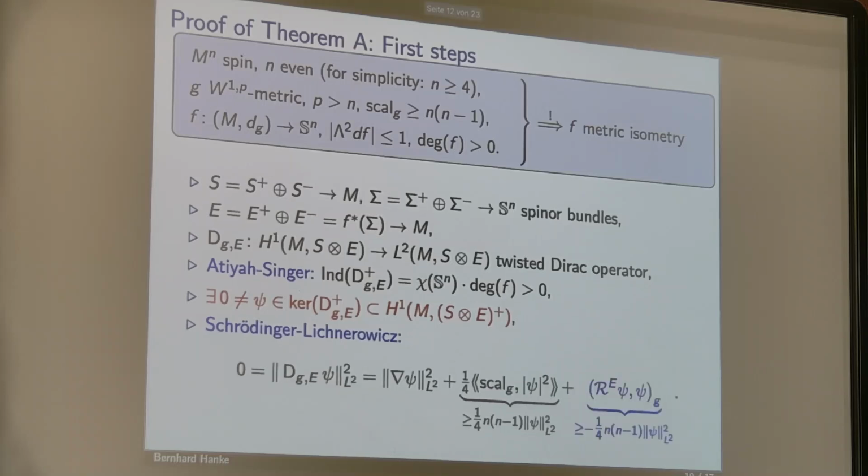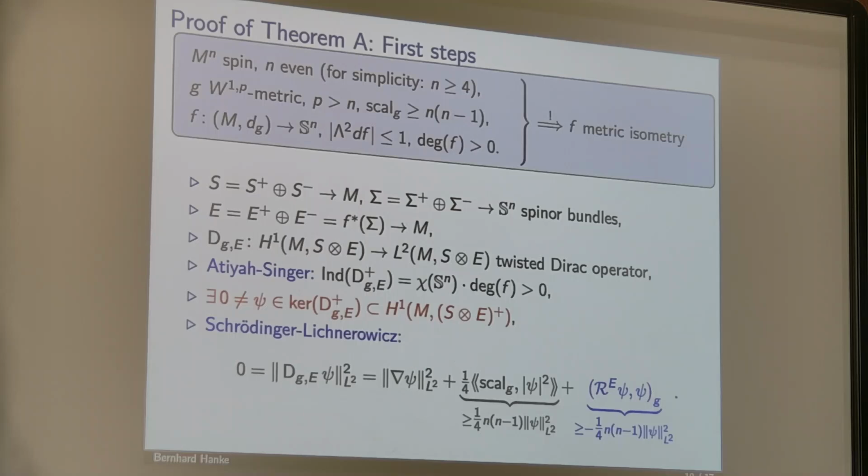And now it turns out, and this is kind of the miracle which happens here, that this remaining term is bounded below by minus 1/4 times n times n minus 1. So the sum of these two quantities is non-negative, and because here we get 0, both of these summands have to be 0.